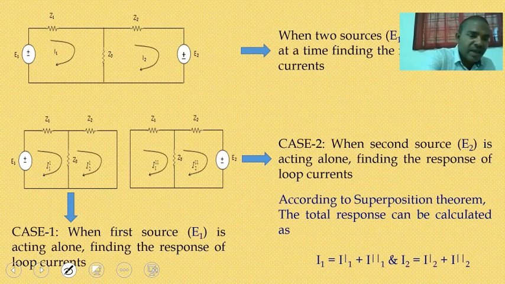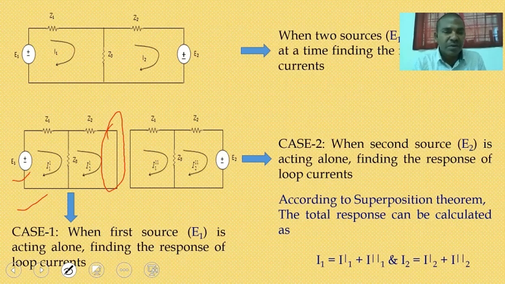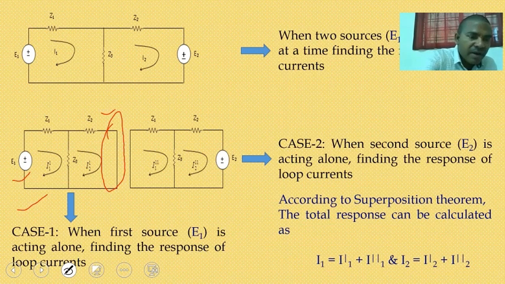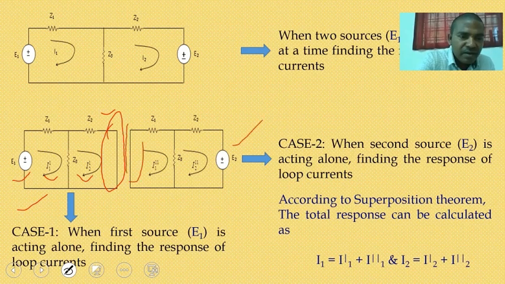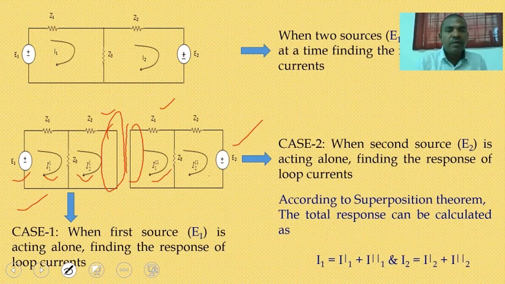The first case I am taking, E1 is acting and E2 is made zero, so it is short circuited and replaced by internal impedance Z2. We calculate I1 dash and I2 dash. Then in the second case, E2 is acting, E1 is made zero and replaced with the internal impedance Z1. Now we calculate the responses I1 double dash, I2 double dash.